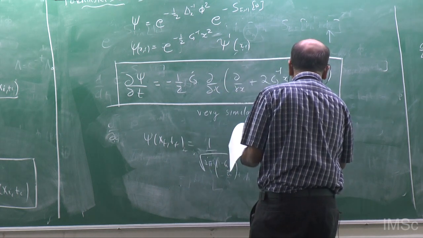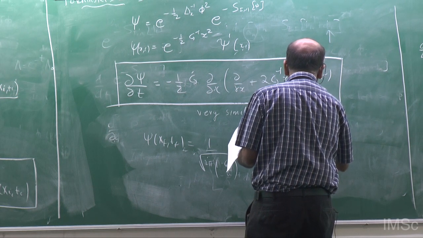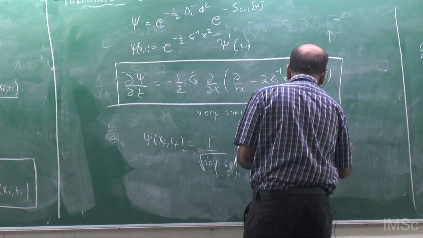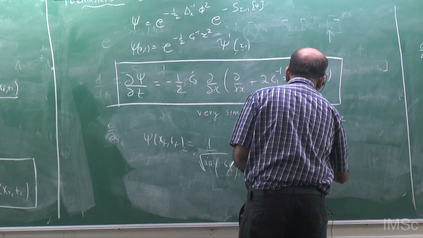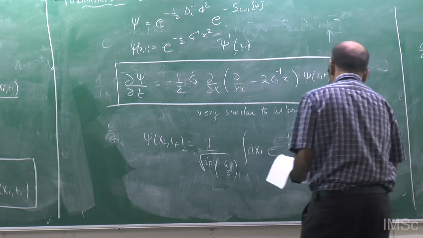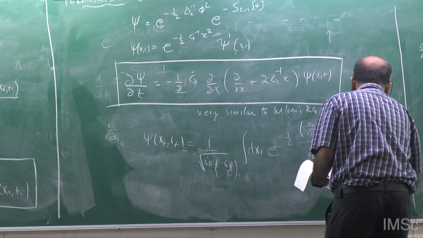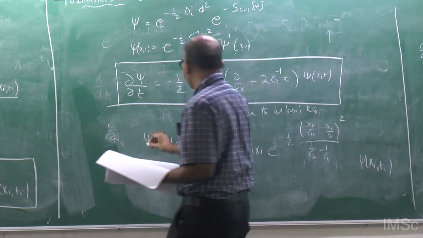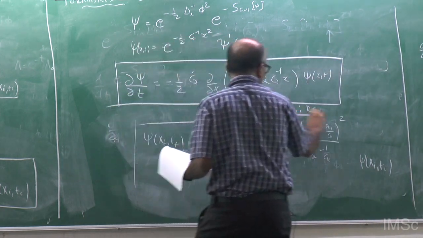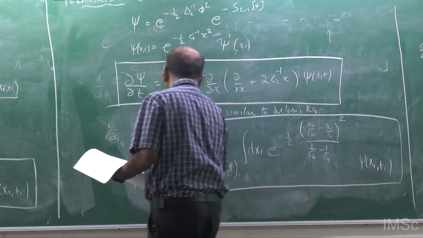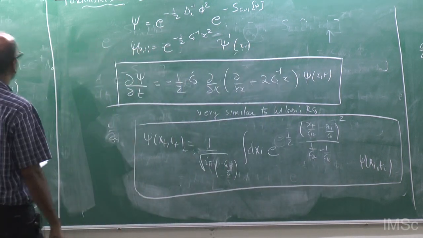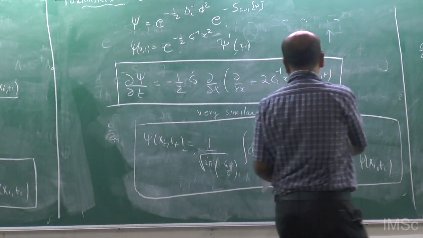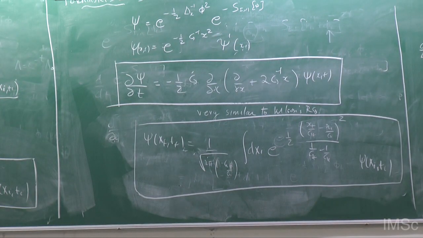So you get a nice symmetric form for this, xf by gf minus xi by gi squared, so that this is the evolution for the full psi. It's a little more complicated than this one, but it's symmetric. This is the form.